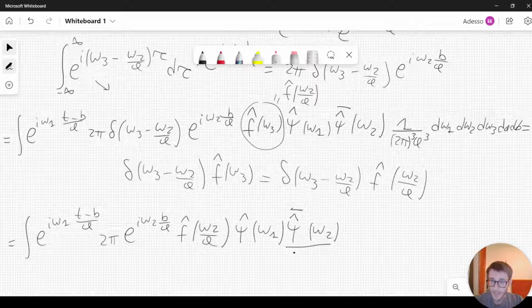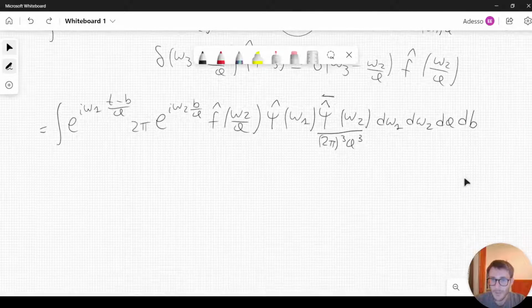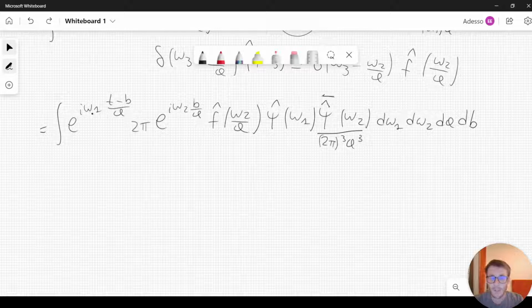Then I divide this by 2 pi cubed, a cubed, and then I have d omega 1, d omega 2, dA, dB, because I have integrated over omega 3. So I am left with only 4 integrals. Now, the next step is to do something similar for the remaining complex exponentials.